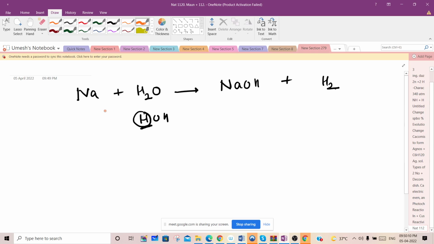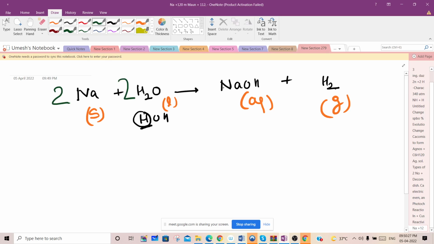Work upon the balancing part. So will the balancing be 2Na plus 2H2O gives 2NaOH plus H2? Very good.